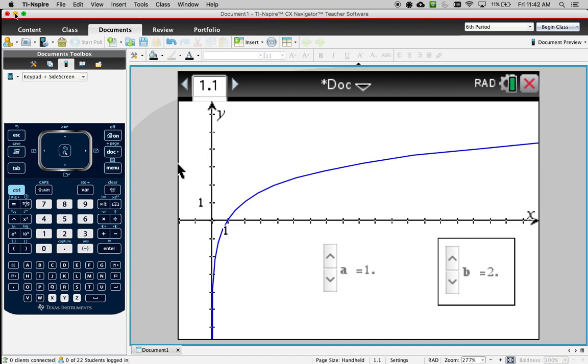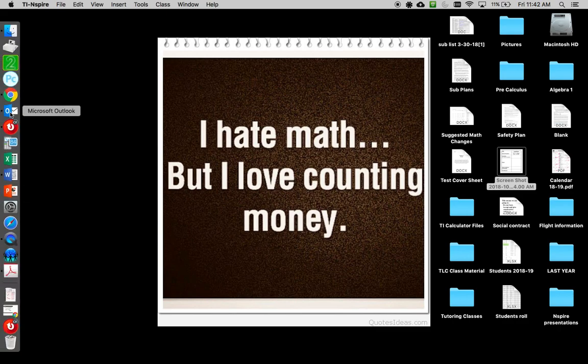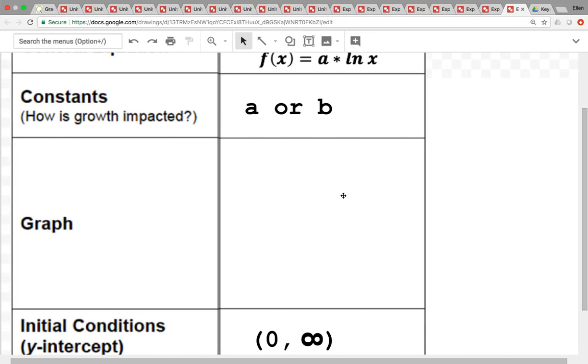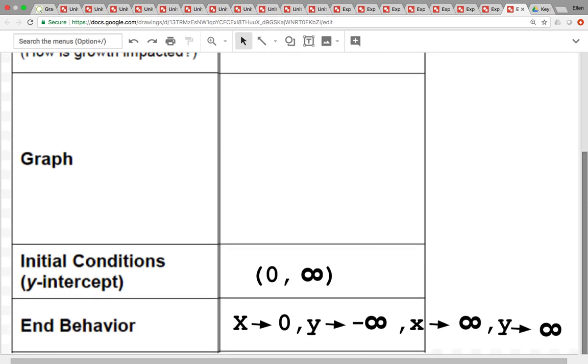So what that tells you is that you've got an asymptote here, okay? So let's go back to the notes. Okay, oh shoot, I totally messed this up. Oh, you have an asymptote here, okay? Notice here, this is going to be the domain.